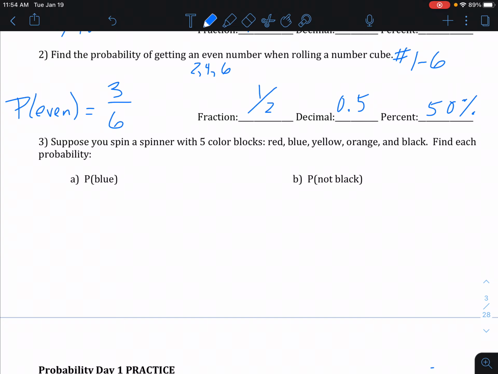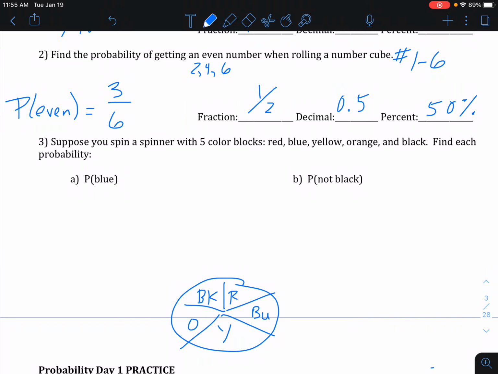Okay. Number 3, suppose you spin a spinner. So that would be like this guy here. That would be 5 segments, like that. Okay, so we would have a red, blue, yellow, orange, and we'll go blue and black. Find each probability.